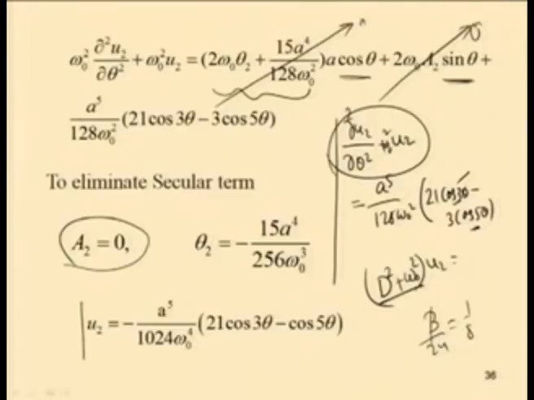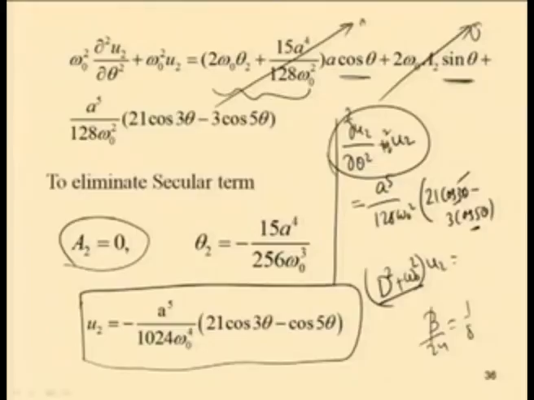So, one can obtain this u 2. This u 2 becomes minus a to the power 5 by 1024 omega 0 to the power 4 into 21 cos 3 theta minus cos 5 theta. So, we now obtain u 2, and previously we obtained u 1 and theta 1 and theta 2. Similarly, we obtain a 1 and a 2.